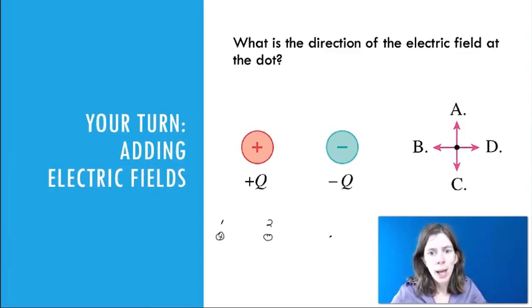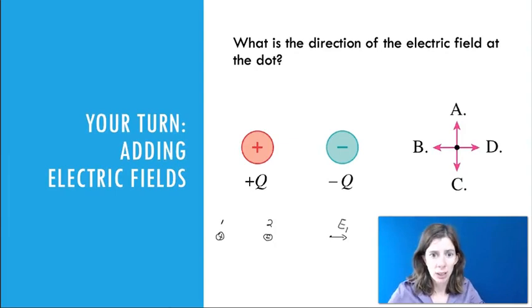So ignoring charge number 2 here, just completely ignore it. The electric field due to a positive charge always points away from that positive charge. So if you're over here, it would point to the right. If you're even further away, it still points to the right. So this is the electric field due to charge number 1 at this point over here.